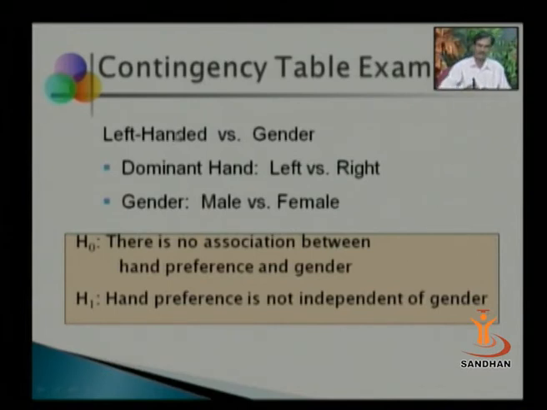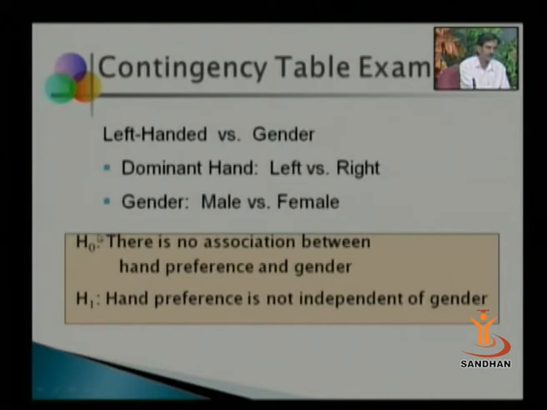Let us consider a numerical example for this contingency table. Let us discuss first a 2 by 2 contingency table. Suppose we have data about students, their gender, and their dominant hand. Some are left-handed, some are right-handed, some are male, some are female.